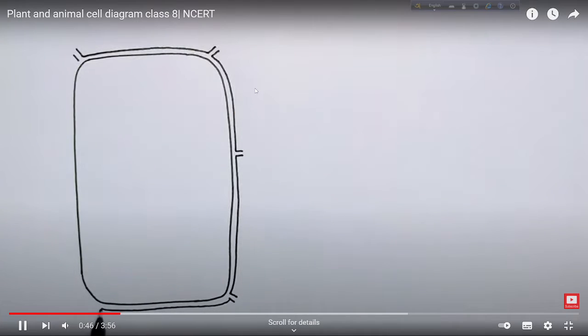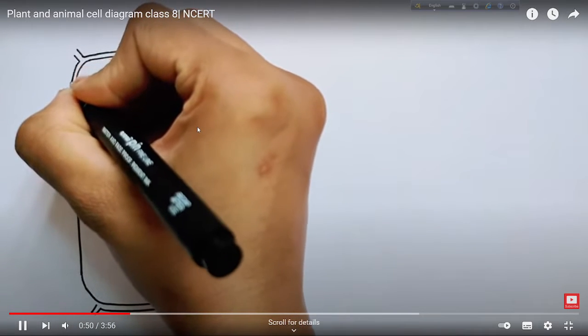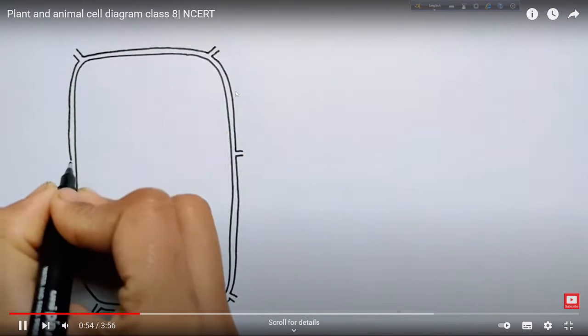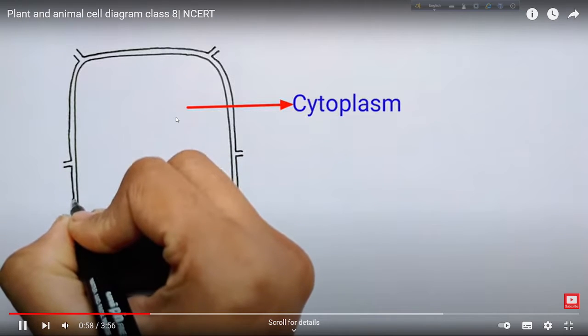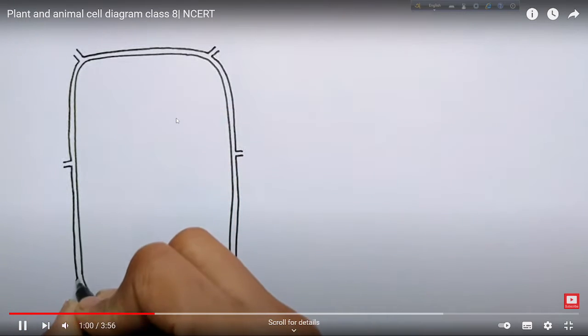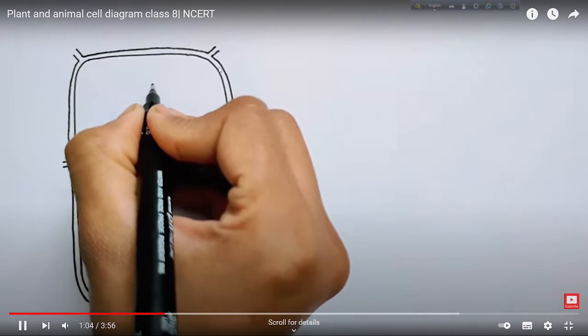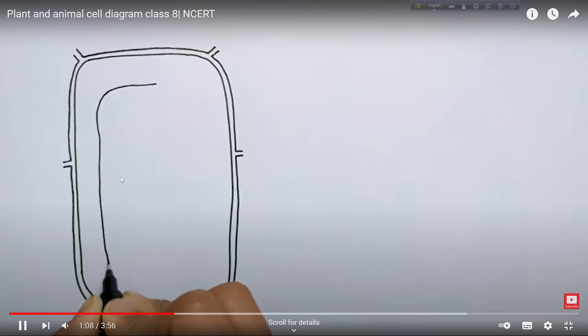It is covered with a thin membrane in an animal cell, and it is called plasma membrane. The main function of the cell wall is to protect the living parts of the cell and delimit the boundary of the cell.